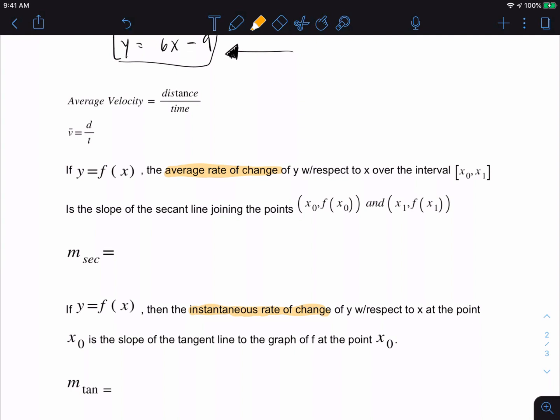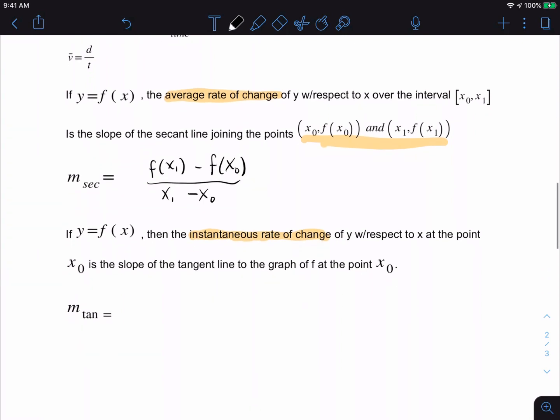Okay? So when you have homework questions today and they ask for average rate of change, all you're going to do is take the slope. So in this case, the example that they're giving us right here, the secant is going to be f of x1 minus f of x naught over x1 minus x naught. Or 2 points, just find the slopes. Okay?